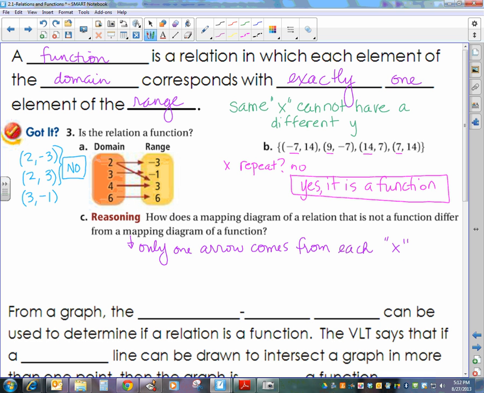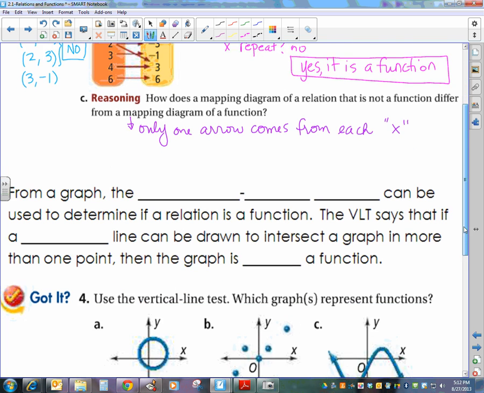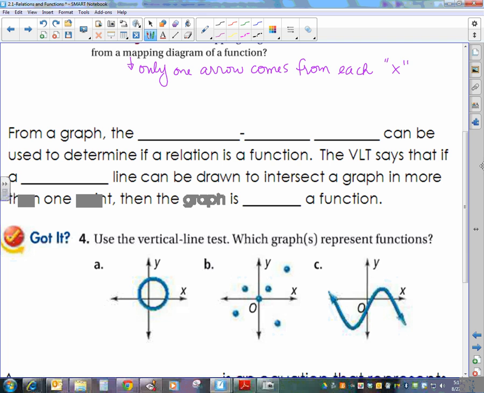Okay? So, it is a little bit harder to determine whether you have a function by looking at a mapping or looking at a set of ordered pairs. It is much easier to see it from a graph. And I think you're all familiar with what we use to determine if a graph is a function, and it's called the vertical line test.